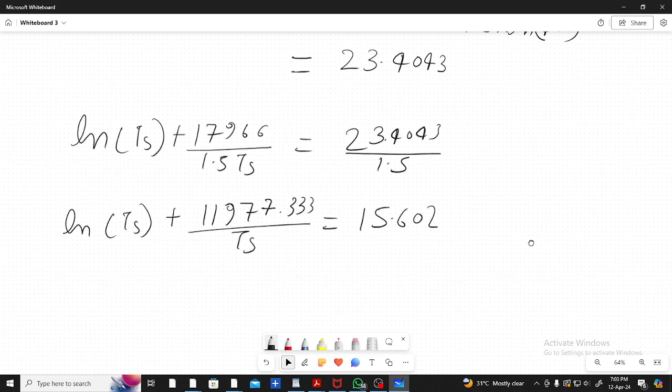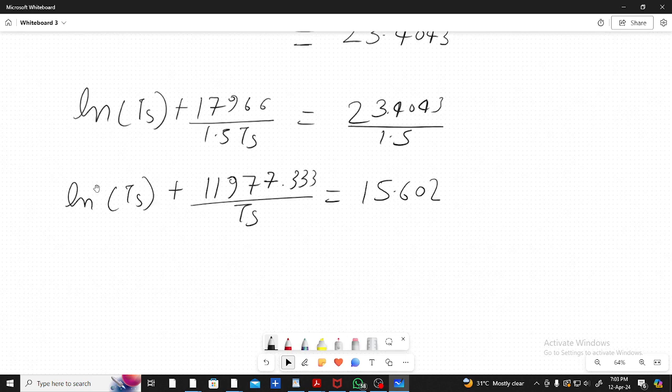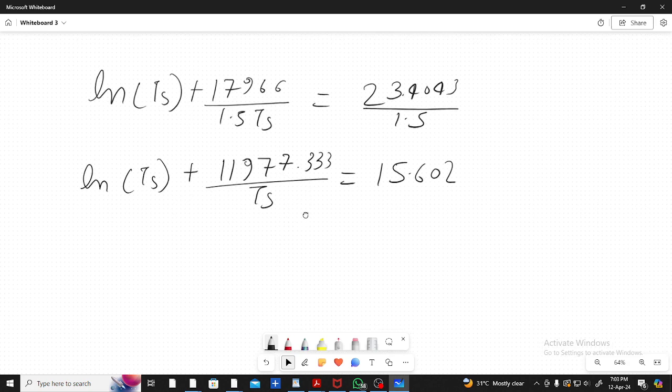Now we have to use some software, like Mathematica or MATLAB, to solve this, because otherwise we can't solve this. Using some iterative method, numerical methods only, we can solve this.